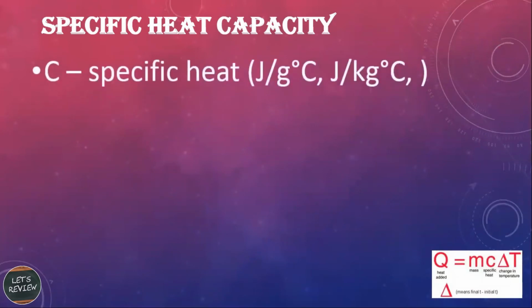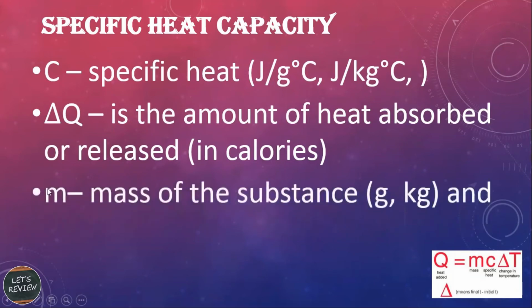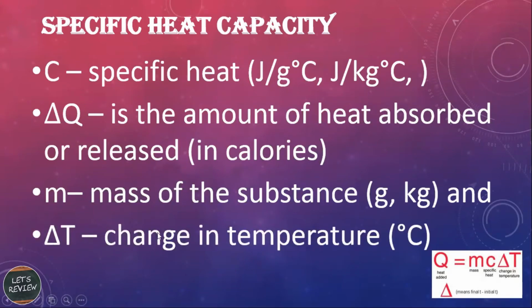So remember, the symbol C represents the specific heat and the units are joule per gram per degree Celsius or joule per kilogram degree Celsius. Q is the amount of heat absorbed or released in calories. Small m represents the mass of the substance in grams or kilograms, and delta T is the change in temperature, meaning final minus initial.